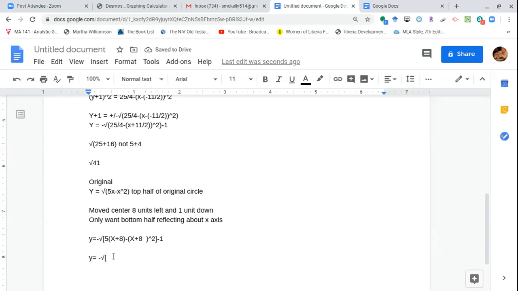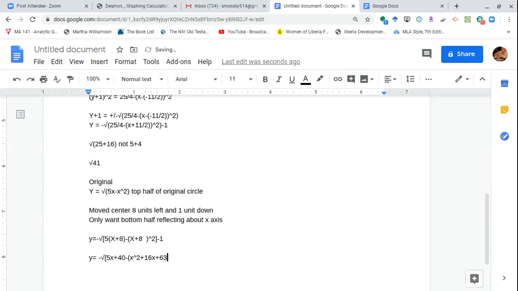So you're going to have 5x plus 40 minus, now remember, when I do this part, I have to FOIL, right? So I get x squared plus 16x plus 64.